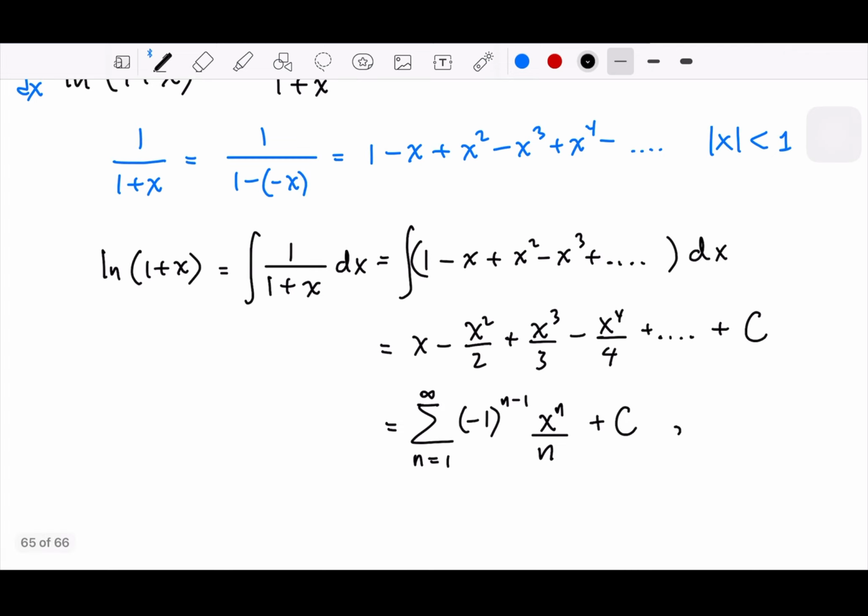From this series we can clearly see x to the power of n, and if we take some time to check the radius of convergence, this is perfectly 1.